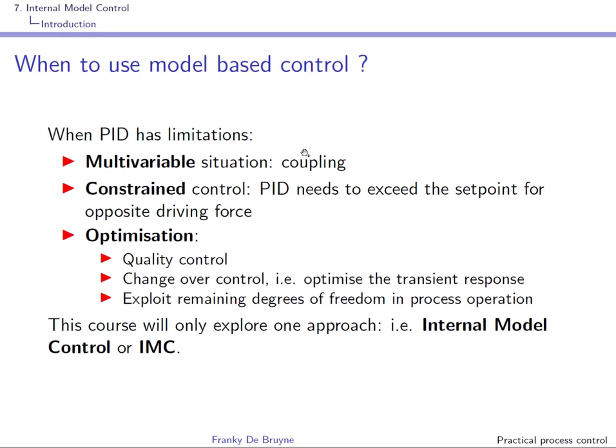Right, this will not be explored in this course because we are going to stick to IMC, internal model control, without constraints and in the single input single output case. But students in control engineering have explored the other way, which is to use model predictive control.